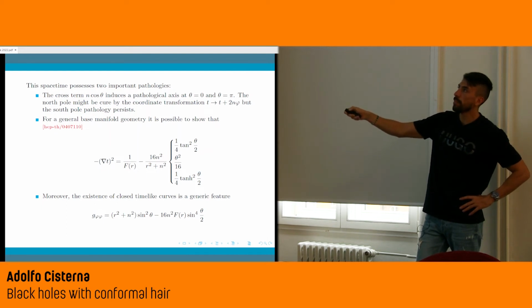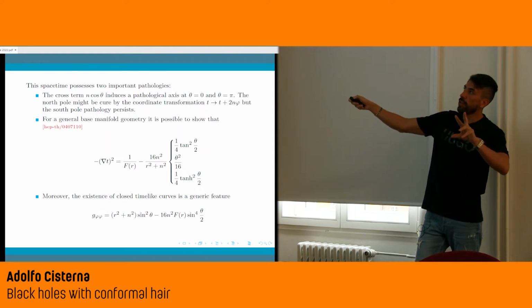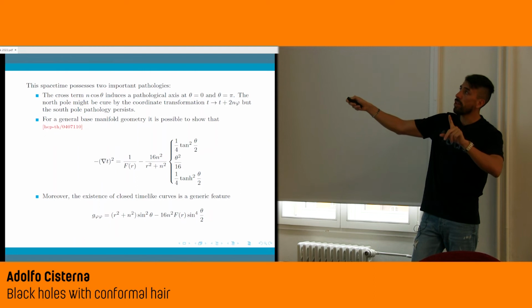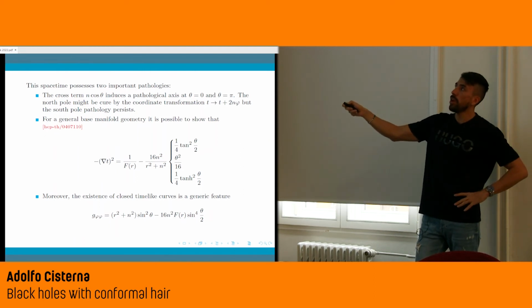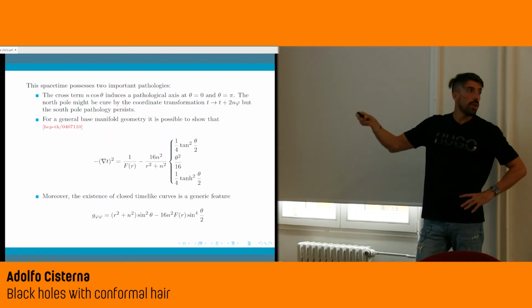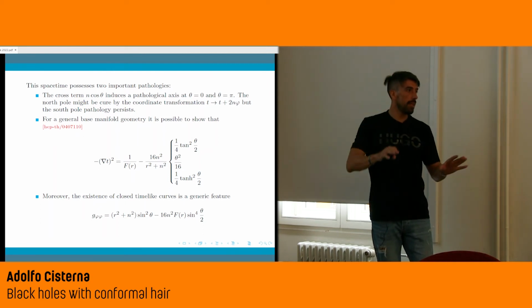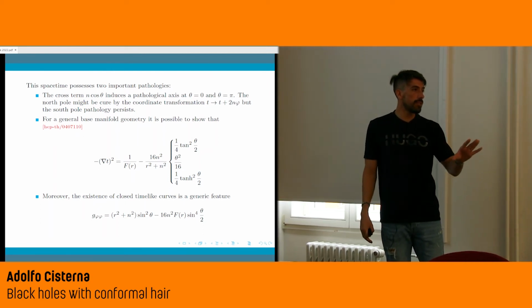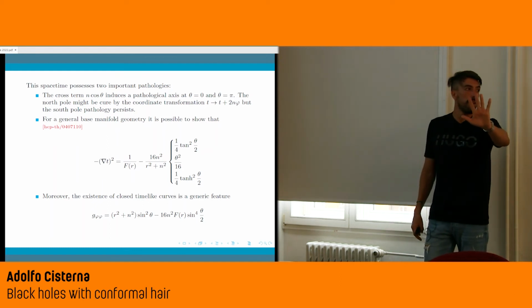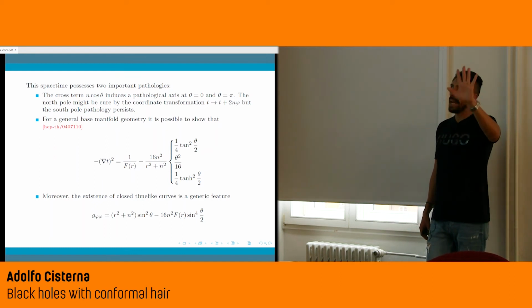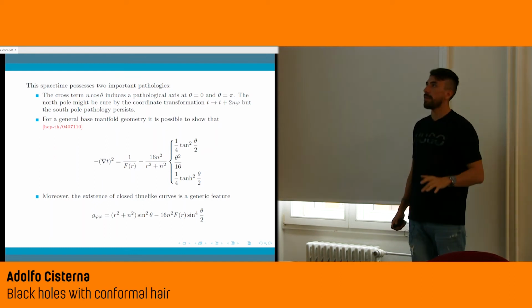And you see that at least, by doing this change of coordinate, you can get rid of one of these conflicted points. After doing that, you will always have a problem at theta equals pi for the spherical case. So you will always have this problematic axis in the Taub-NUT spacetime. Okay, so this is the first thing. There is a topological issue with the axis in the Taub-NUT spacetime.